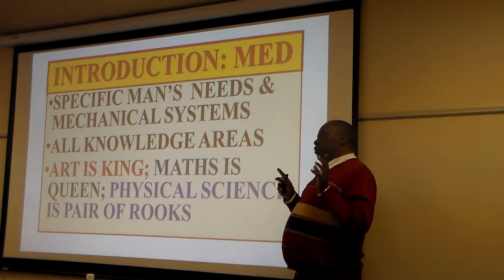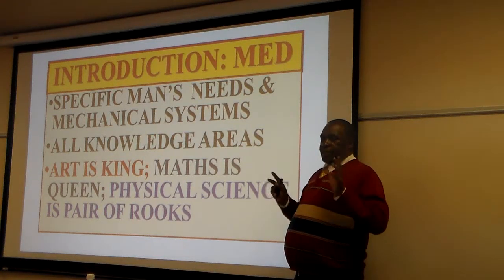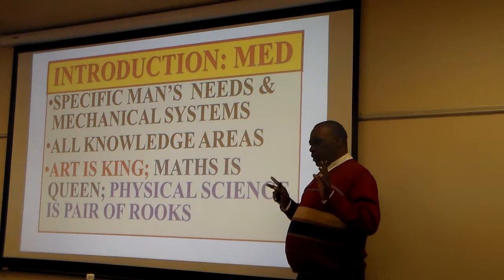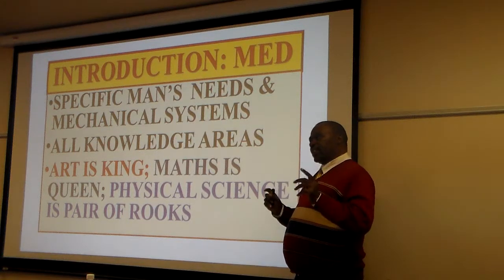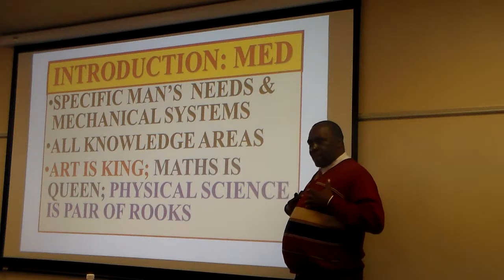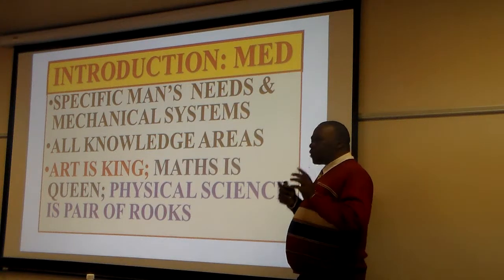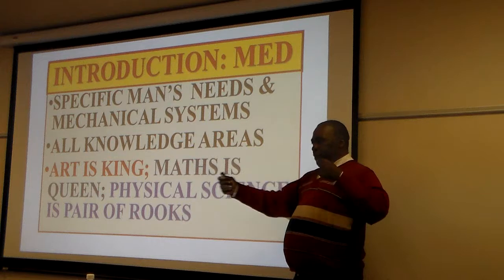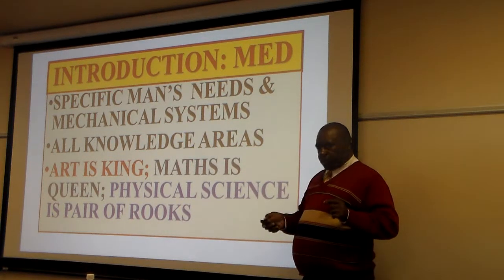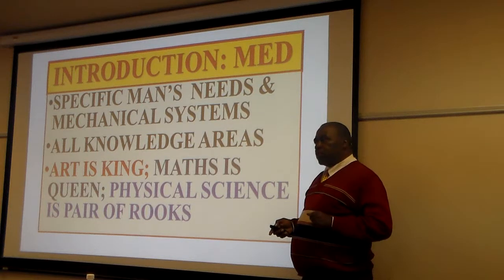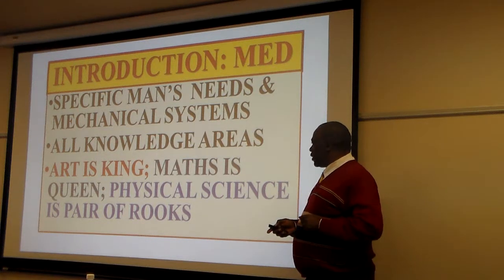Normally in engineering education, we think that the physical sciences are the king and maths is queen. This is not true. The humanities are the king, maths is our queen. The physical sciences, if you are looking at the chessboard, are simply a pair of rooks. I'll show you shortly what I mean by this.